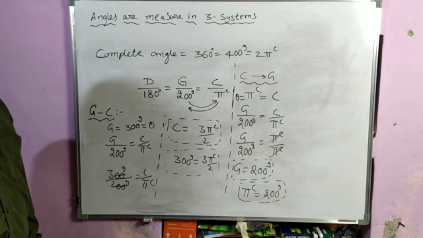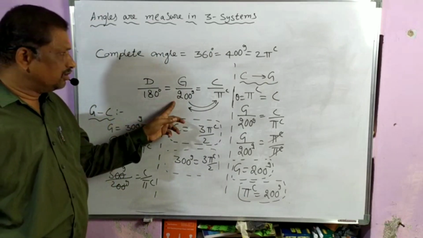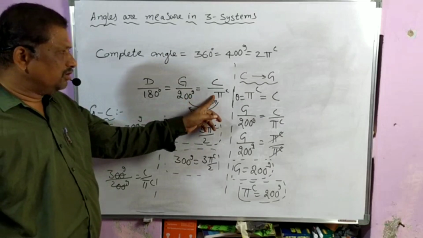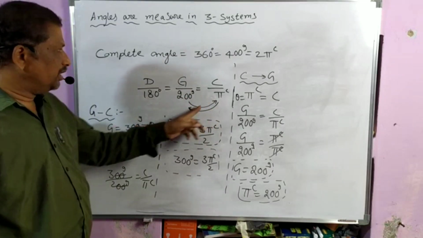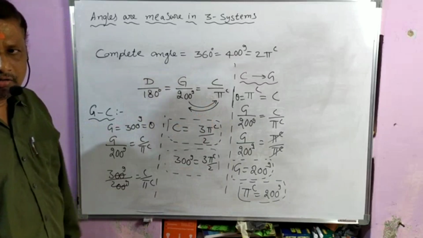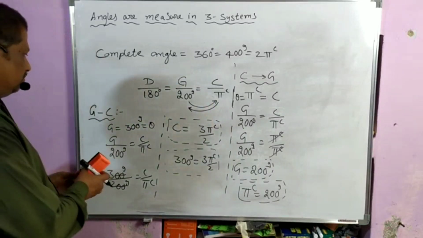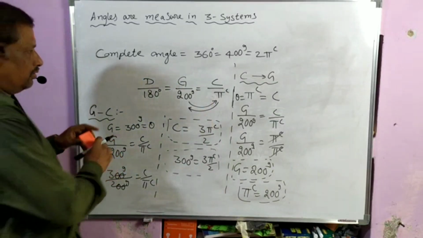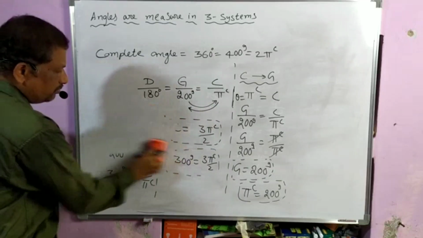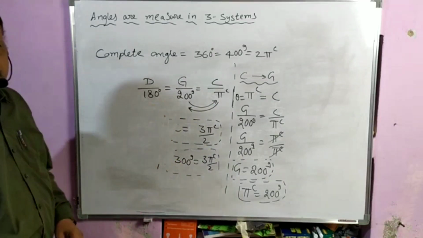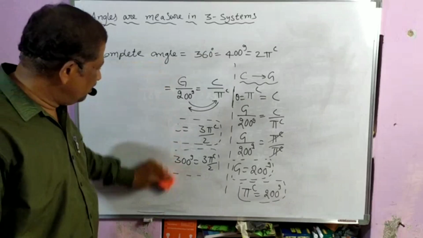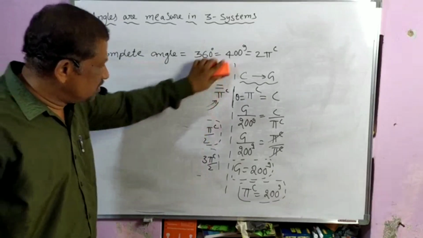All methods are over now: degrees, grades, radians, and degrees, radians, all over. No? Now, coming to some previous years' IIT JEE Mains or AIEEE questions, we will do.